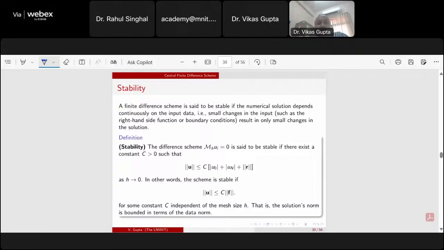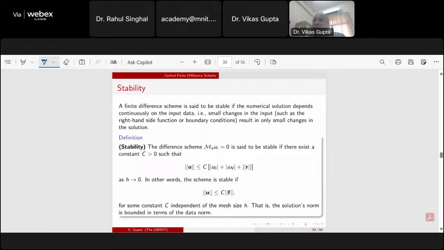So the constructed finite difference scheme is said to be stable if the numerical solution continuously depends on the input data. That is, in a rough sense, if corresponding to a small change in the input data, we have only small changes in the output data. The output data over here is the solution.